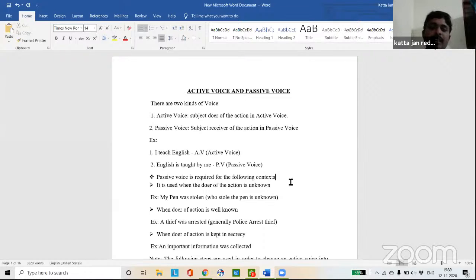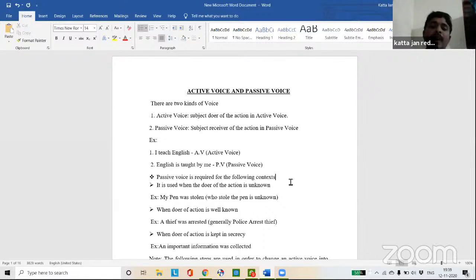For example, in the sentence given below, I teach English, right? So in this sentence, I is the doer of the action. I, doer. What is it doing? Teaching. I teach. And English is the receiver of the action, right? It is English is receiving.